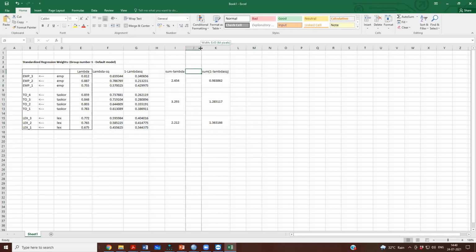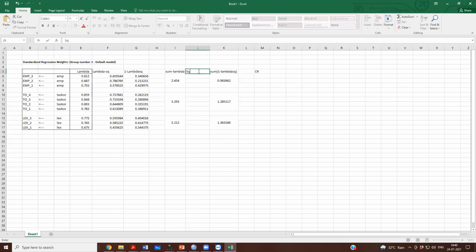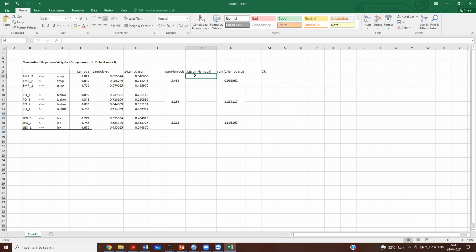Okay, and now what is composite reliability? Composite reliability is nothing but the square. Let me write this as, just to make it simpler, we will also take the square of sum of lambdas, so that we don't confuse. So this is the square of the sum of lambdas that we have computed.